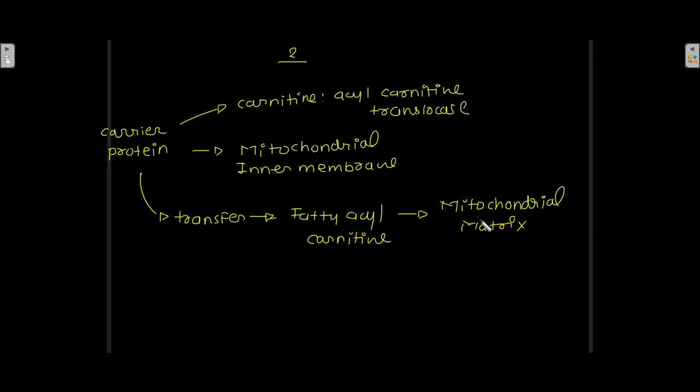So at the end of the second step, in your mitochondrial matrix, you have this fatty acyl carnitine molecule.